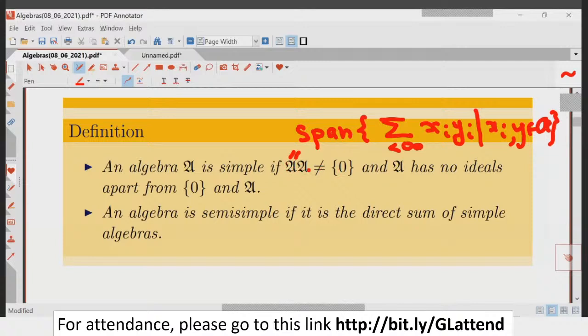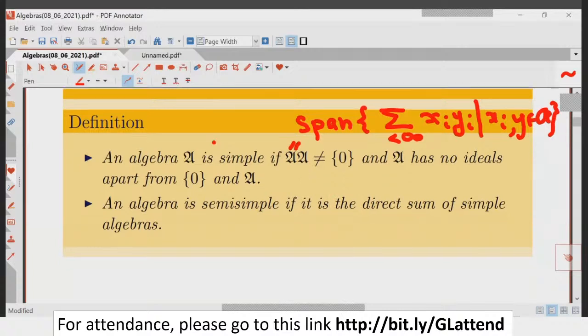If this ideal is not 0, then it must be the algebra itself. This can be obtained from the definition. So if you have a simple algebra, then the product of the algebra by itself is the algebra itself.